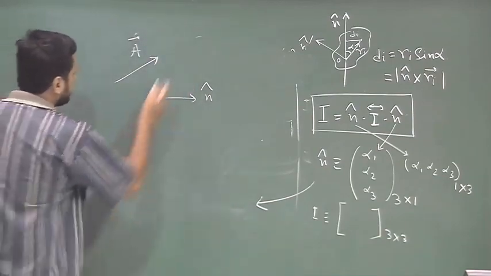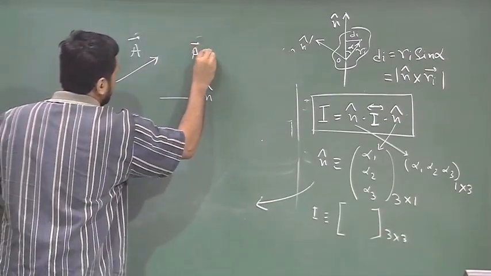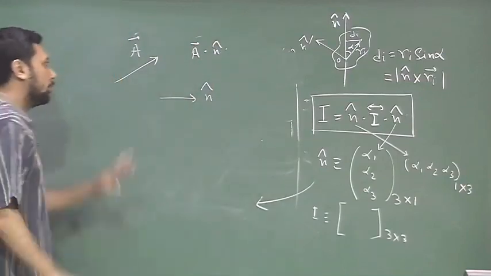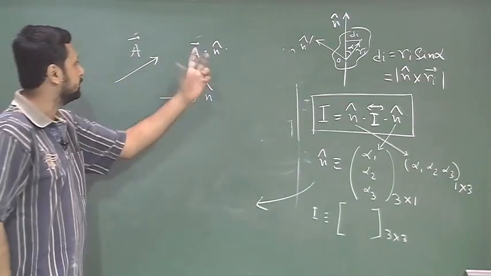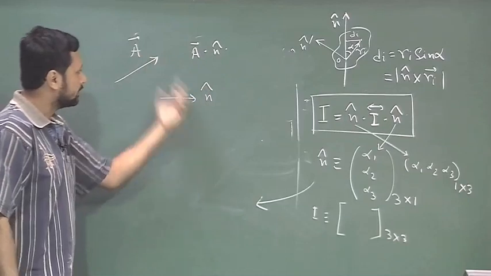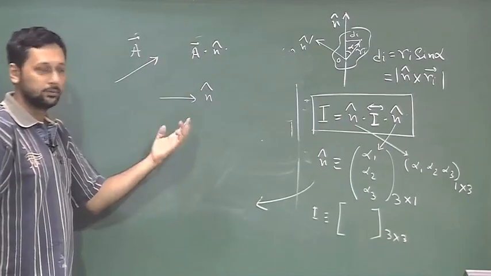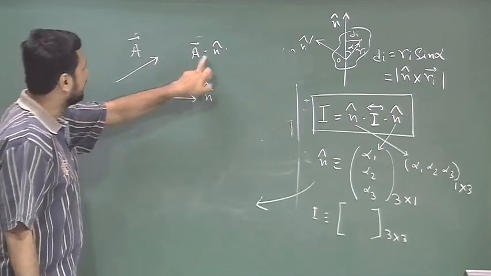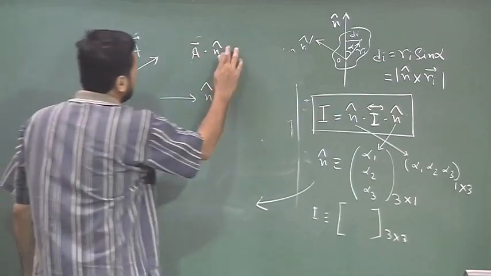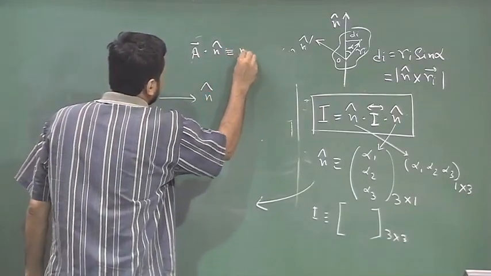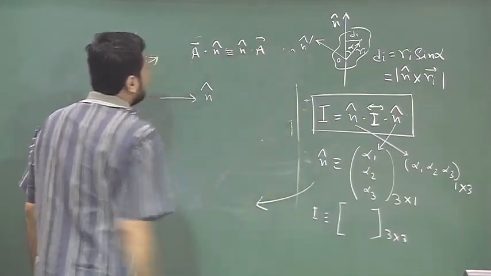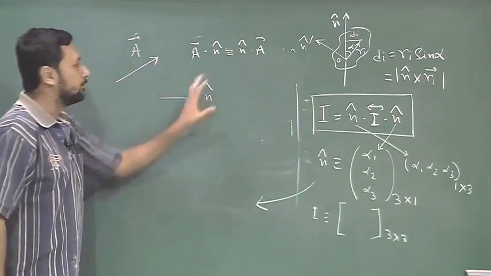We simply take A dot n or n dot A. The dot product does not matter which way we take it. Both are vectors. So, this is how we project a vector.